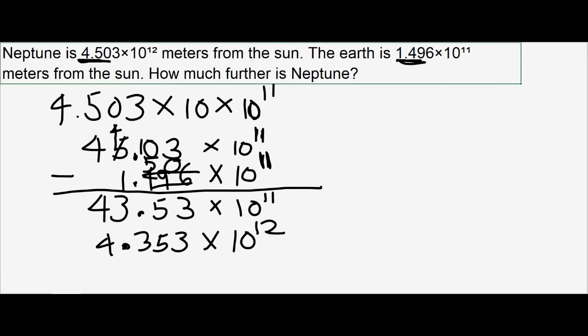So that's the distance when Neptune and Earth are lined up. That's the distance between Neptune and Earth. So Neptune is 4.353 times 10 to the 12th meters further from the sun than the Earth is.